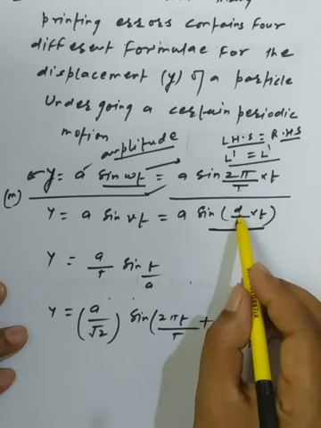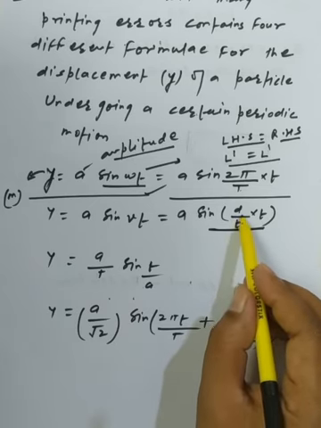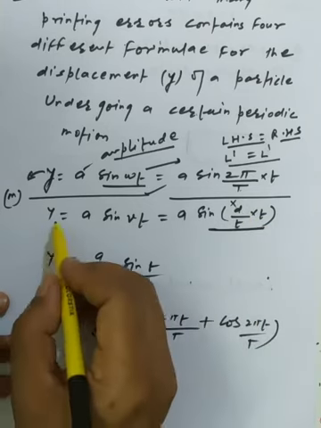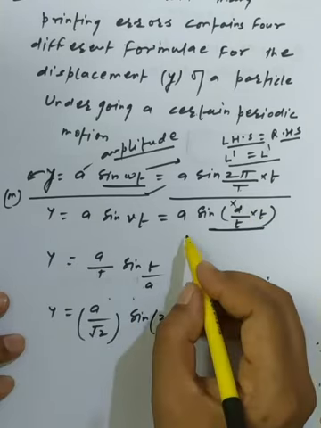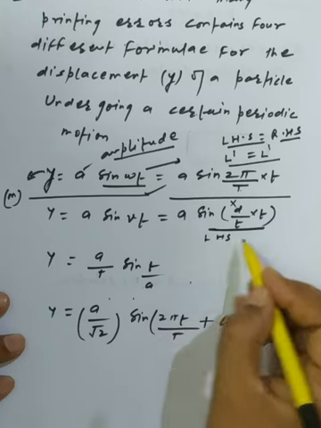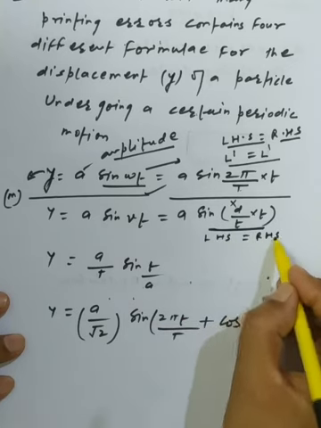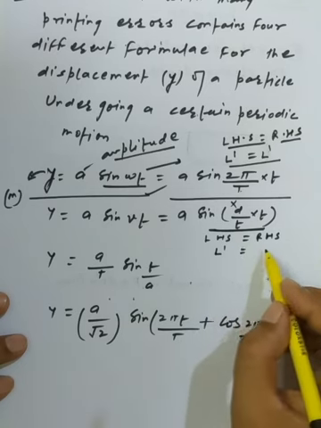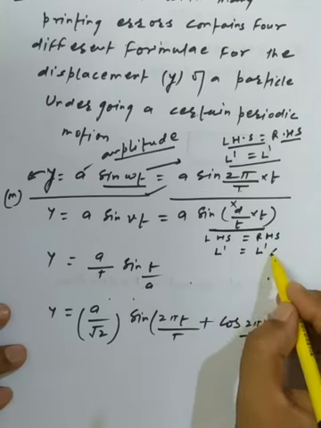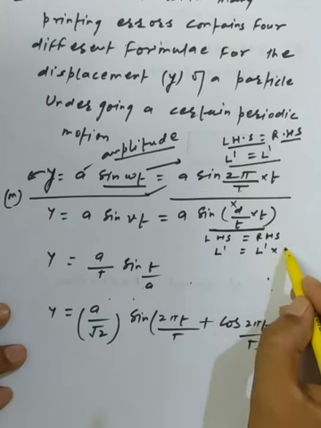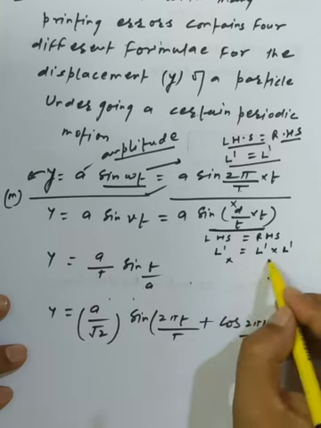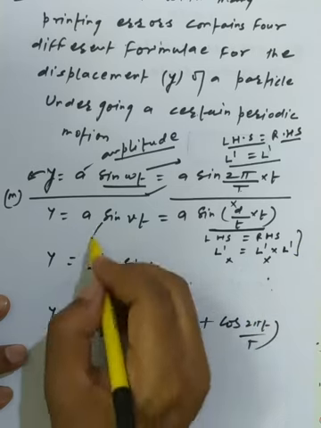T by T cancels, but it is giving the measurement of a length. Conceptually it is a wrong part, because on the left hand side we have dimension L1, this is the LHS and this is the RHS. On the right hand side we have the amplitude, L1, and the angle also has dimension L1. On the conceptual basis, this equation is not correct. So this formula is wrong.